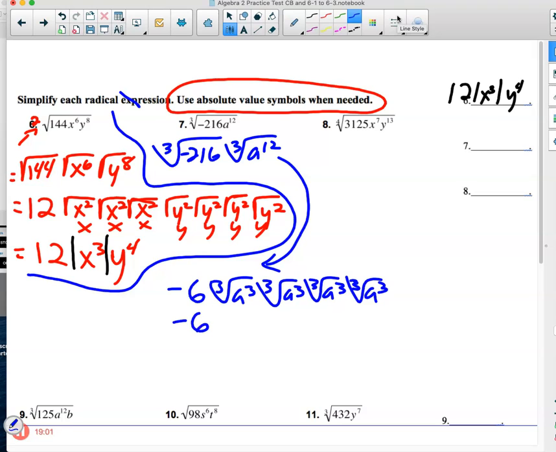And that will be a times a times a times a, which would give us negative 6a to the fourth. And then you ask yourself, should I be putting some absolute value bars on that? No, it was a cube root. Cube roots are not even. Has to be even root, odd power answers. So this is going to be negative 6a to the fourth.